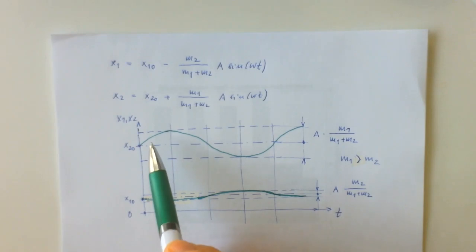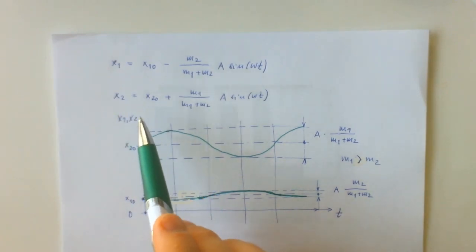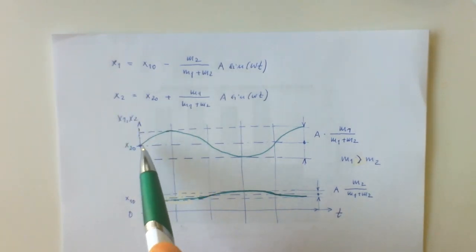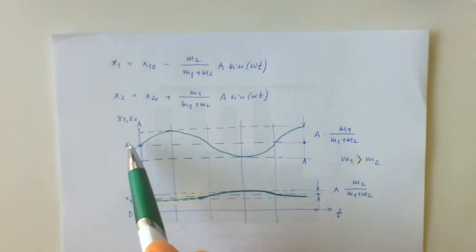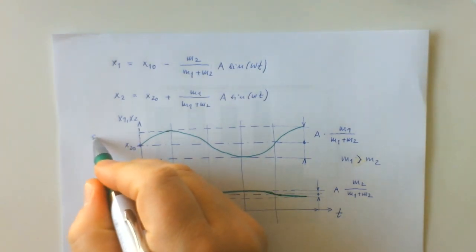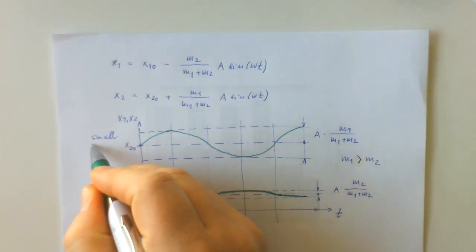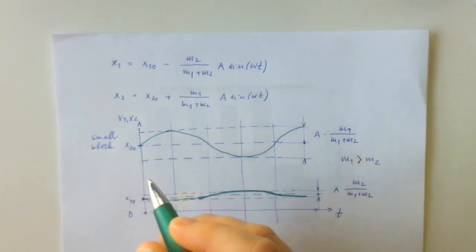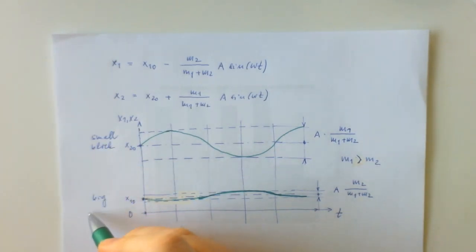When we draw these time courses in this graph, there is the motion of the small block and the motion of the big block.